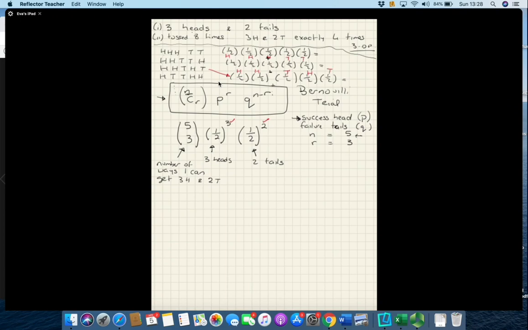These are my tails to the power of 2, because a half by half is a half squared. And then this 5 choose 3 down here is the number of combinations of 3 heads and 2 tails that can occur. So 5 choose 3. Let me just put that into my calculator. And I am getting, for this one, 5 over 16.